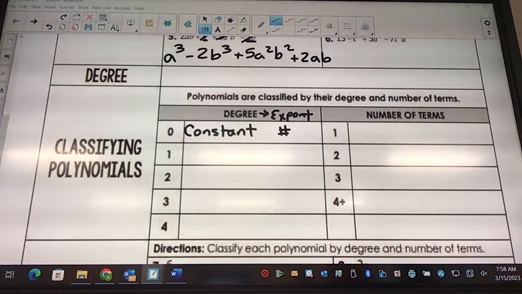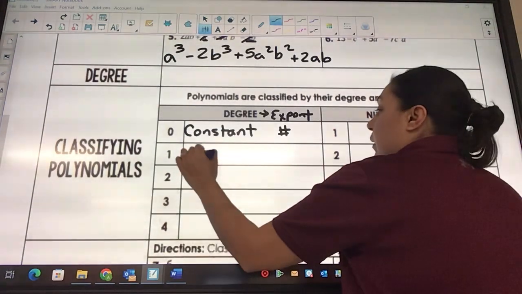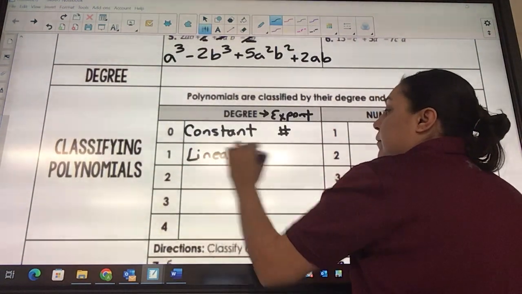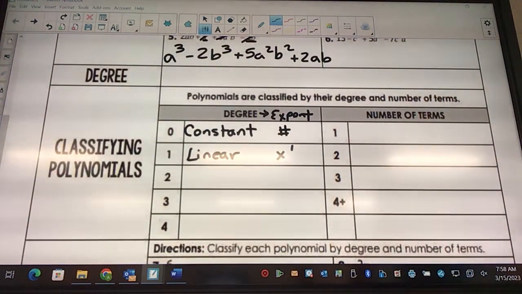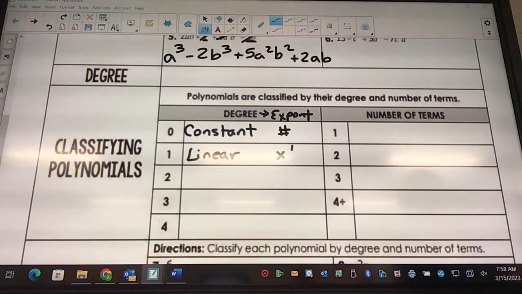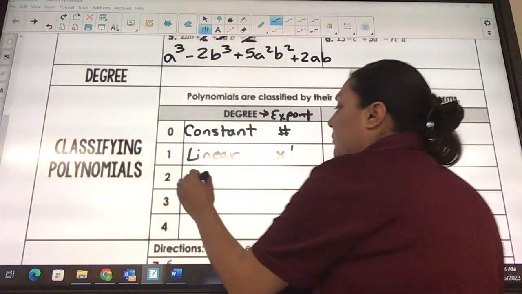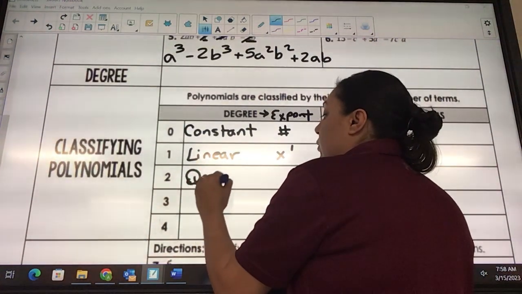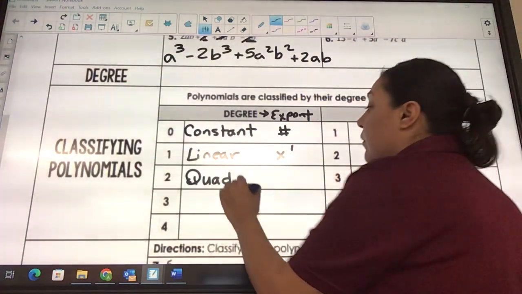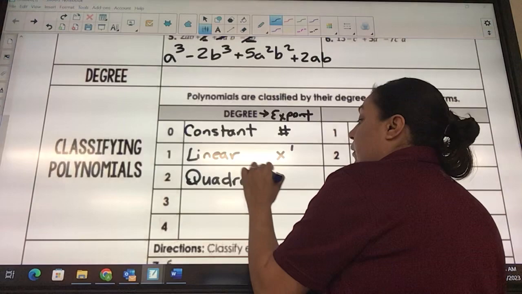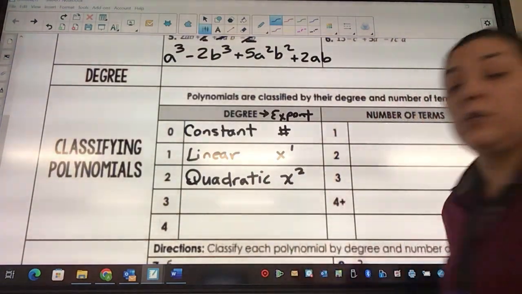If it has a degree of 1, it is linear. So that would be x with a power of 1, or a with a power of 1, b with a power of 1, etc. To the power of 2 is going to be a quadratic, which is x to the 2 power.